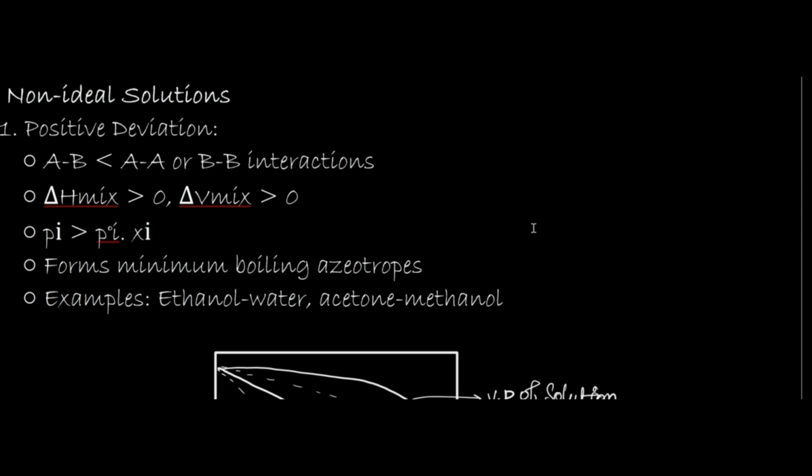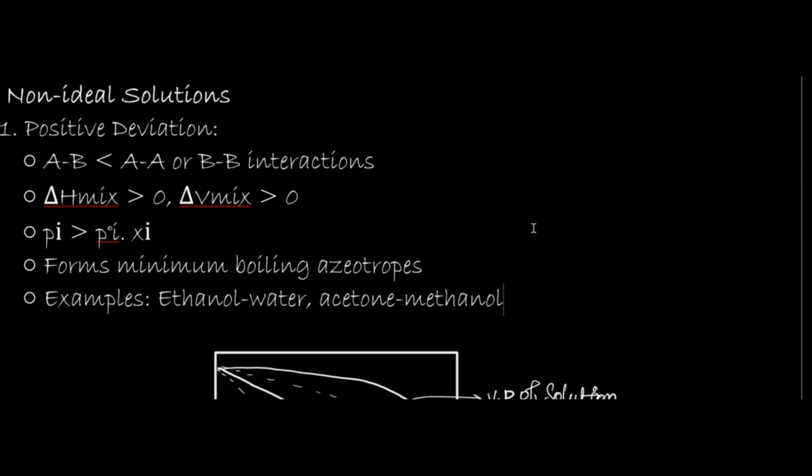But in case of non-ideal positive deviation, the AB interaction is less than the AA or BB interactions. For example, the famous examples I have told you, ethanol in water or acetone in methanol. There are a few other positive deviation non-ideal solutions also. I'll list those in the formula sheet. You can download it.